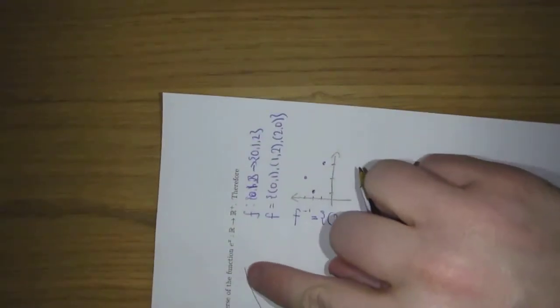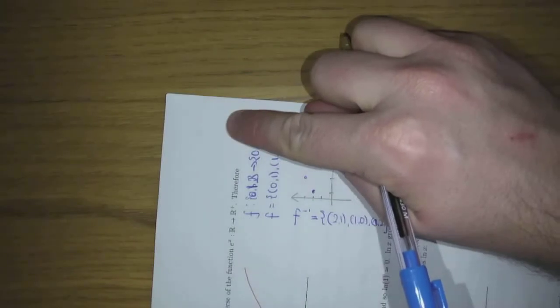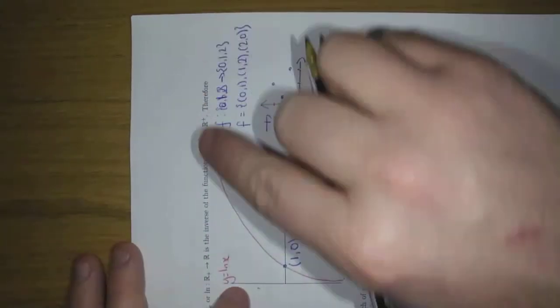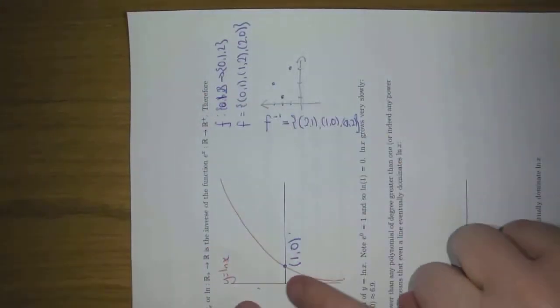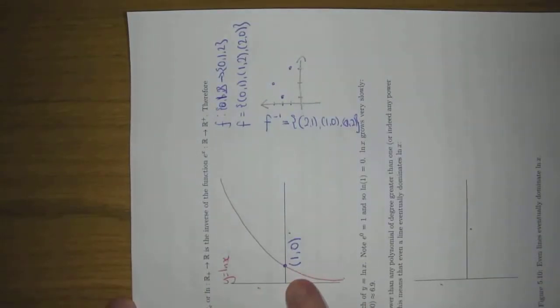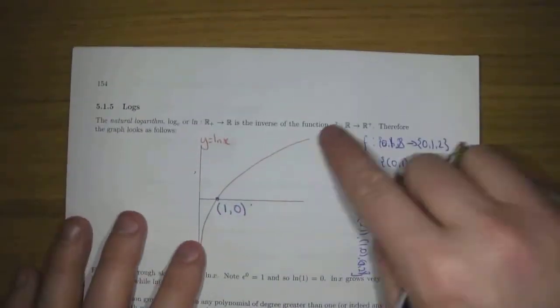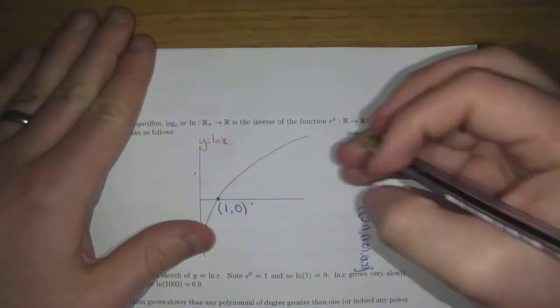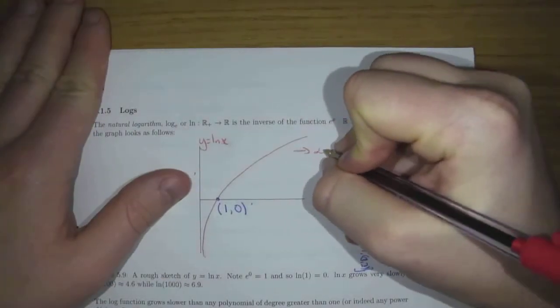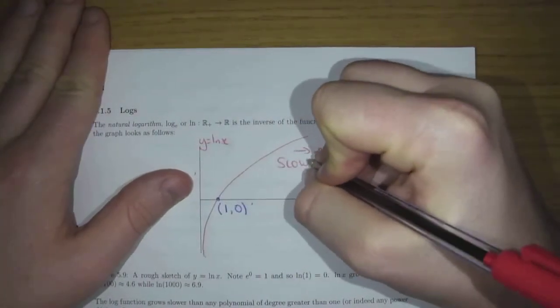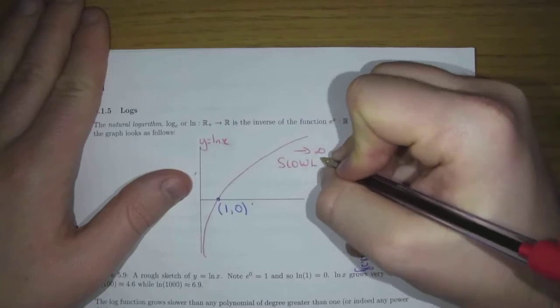The exponential graph goes up really quickly, which means that viewed this way, the log actually grows really slowly. It goes to infinity, but it does get there.